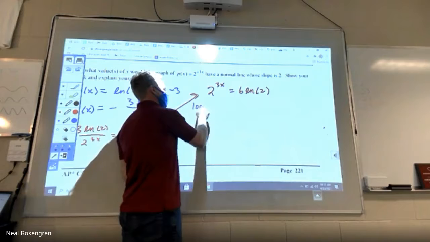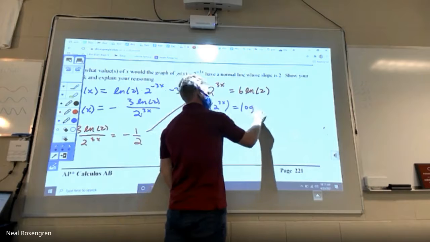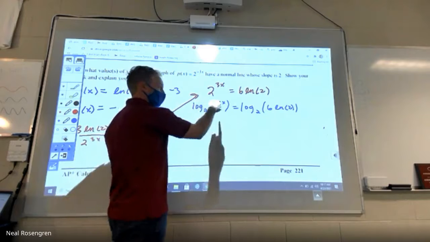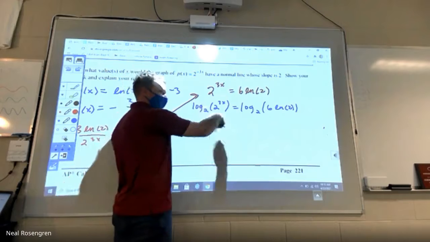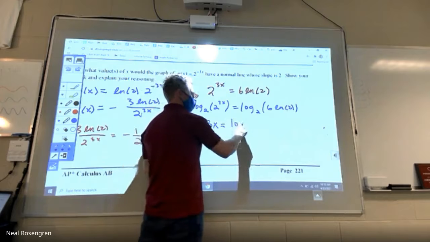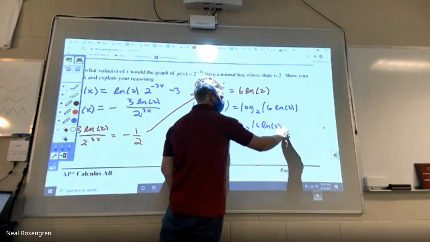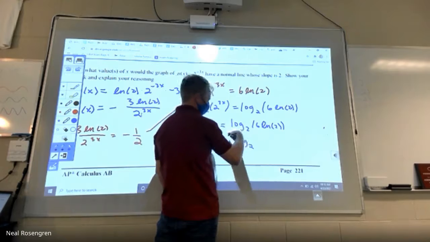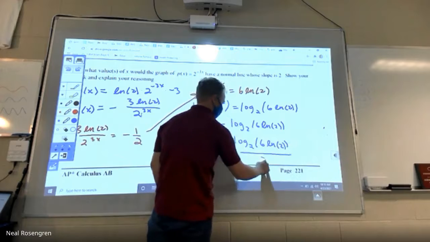Let's take log base 2 of 2 to the 3x and log base 2 of 6 ln of 2, because log base 2 of 2 to the 3x is 3x. 2 to what power is 2 to the 3x? 3x. Whatever this is, ln of 2. Because now I can just divide by 3. I'd probably put like 1/3 maybe here, so it's obvious. Let's see what that is.